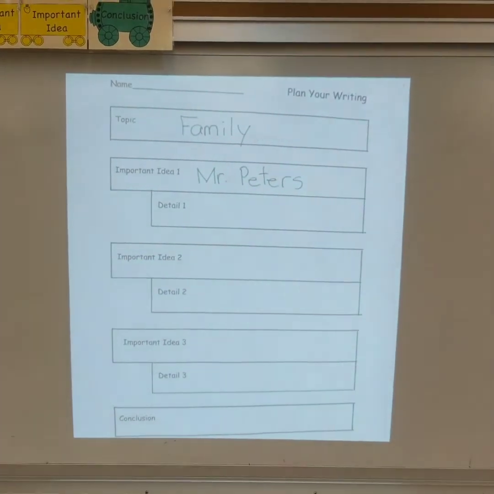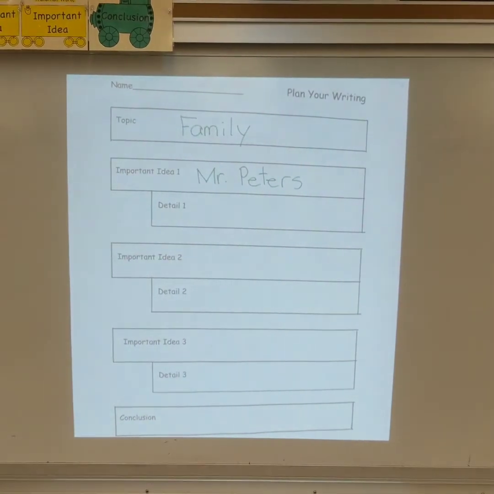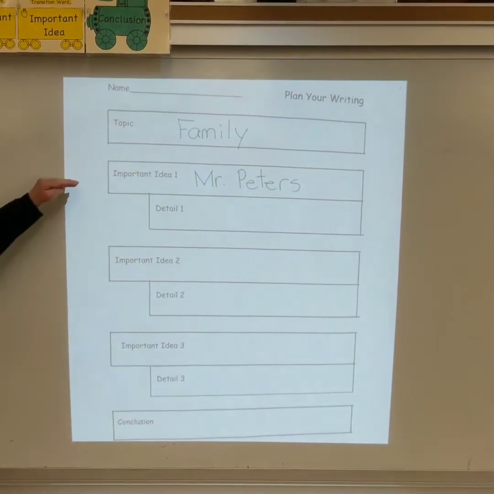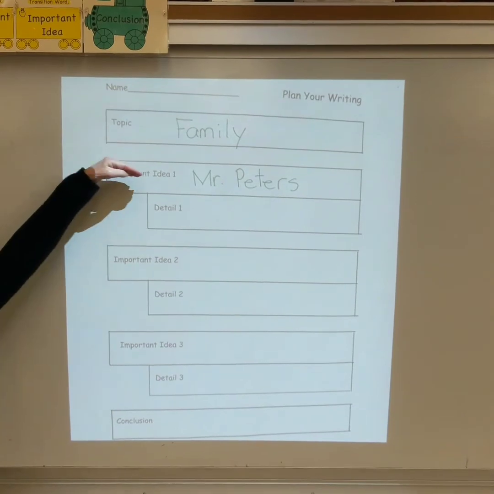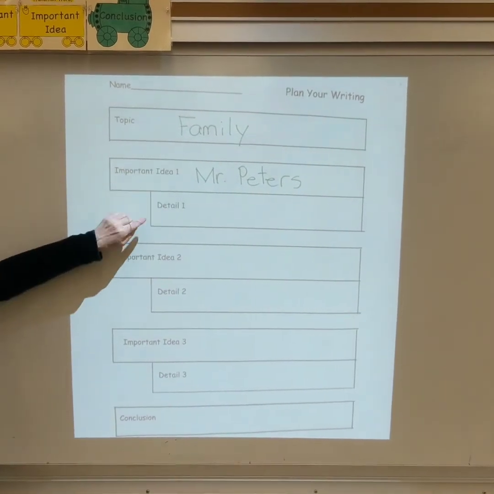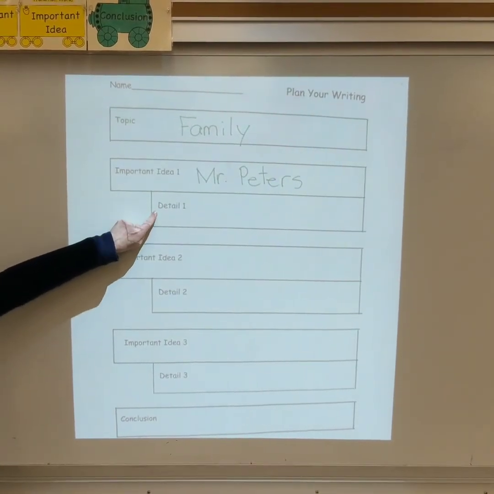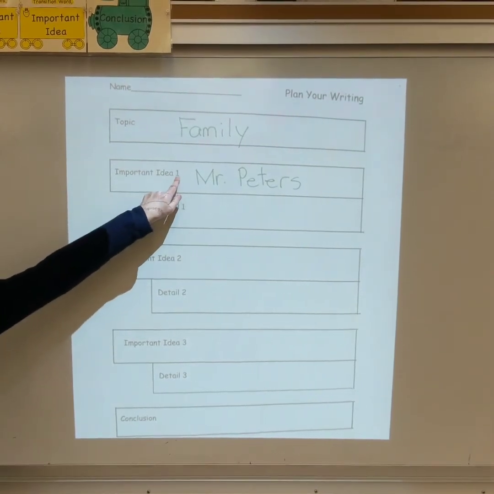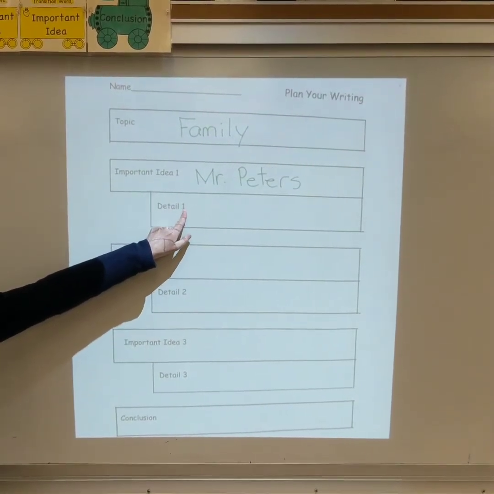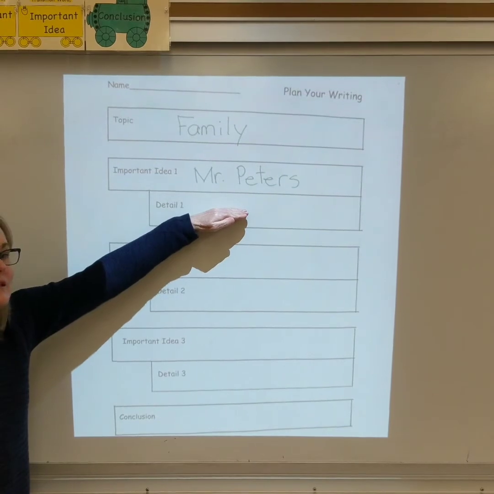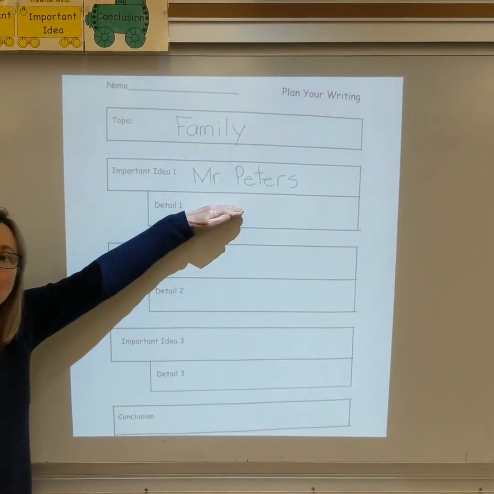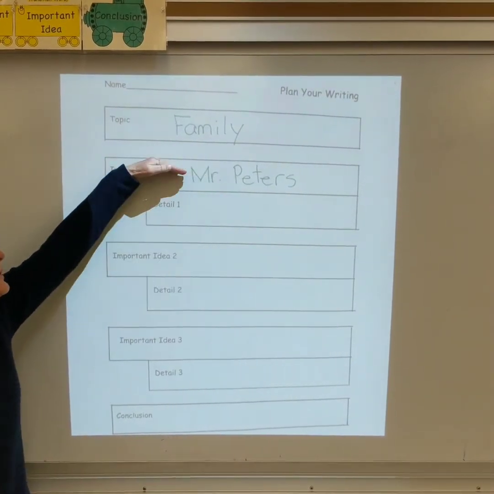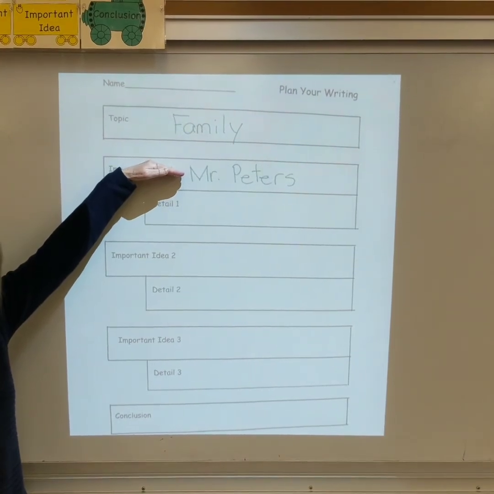So I'll write a sentence about Mr. Peters. Now if you notice here, it says important idea, Mr. Peters. And then right down below it has detail. Important idea 1, detail 1. This is a space you're going to write something a little bit extra to explain your important idea.